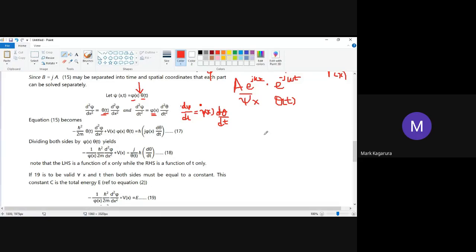Of course, theta is the time independent variable. So when you're differentiating this with respect to t, you have a j, which is that. And then this side you don't have a j. So you have the normal derivative d phi dx and then theta t. And you have another j phi d theta dt.